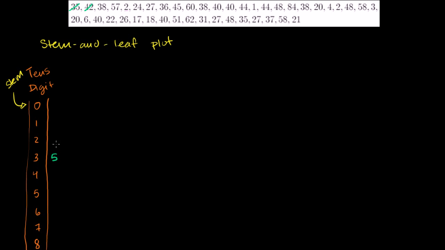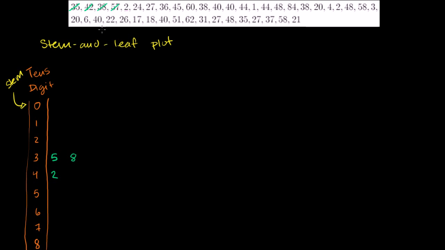Cross it out, to let me know I used it. I'm writing the ones digits as leaves. Let's see, 38. Well, I have a 30, so I'm going to write an 8 here. I didn't have to rewrite the 30. I'm just saying, look, I have a 35 and I have a 38. I'm just writing the ones digits within the 3 stem, the tens place, the 30s bucket.